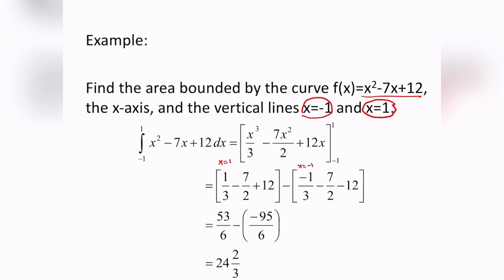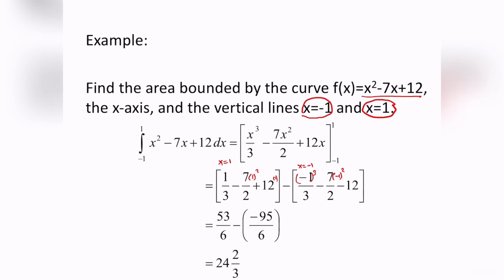So this is 1 cubed over 3 minus 7 times 1 squared over 2 plus 12 times 1, minus another bracket where minus 1 to the power of 3 gives us minus 1 over 3, minus 7 over 2 times minus 1 squared, divided by 2, minus 12 times minus 1.